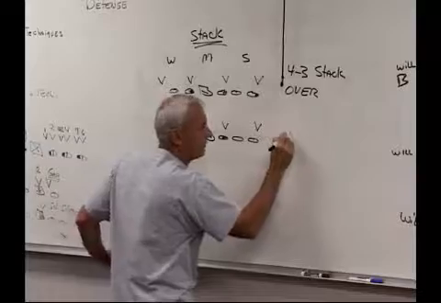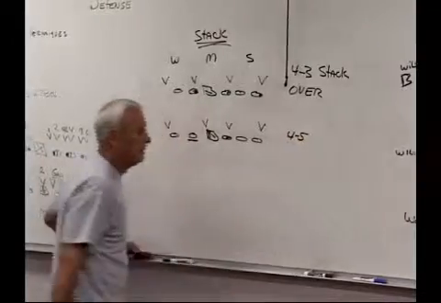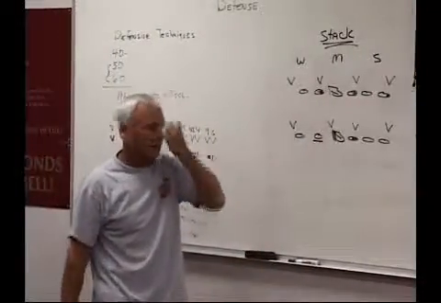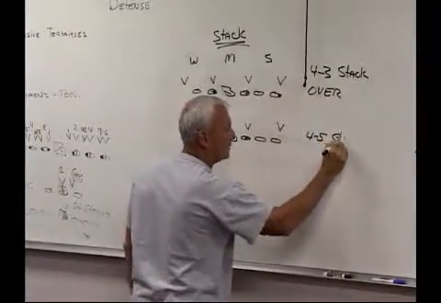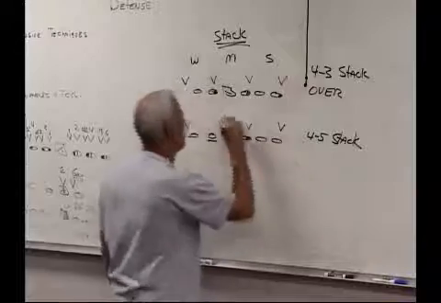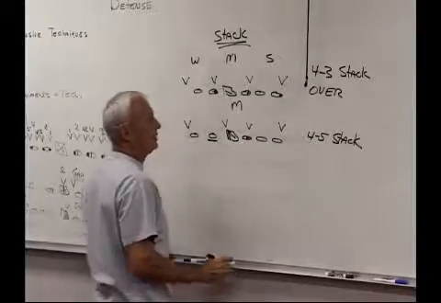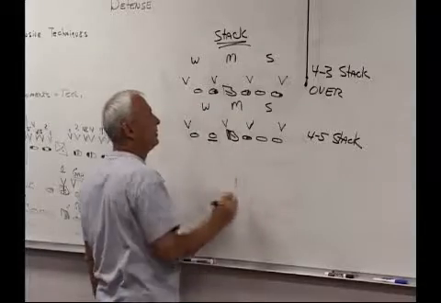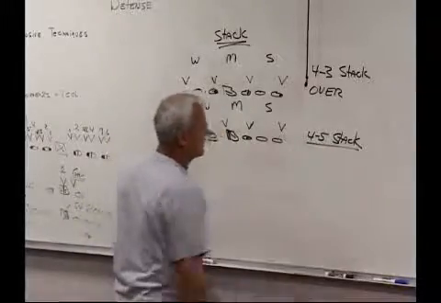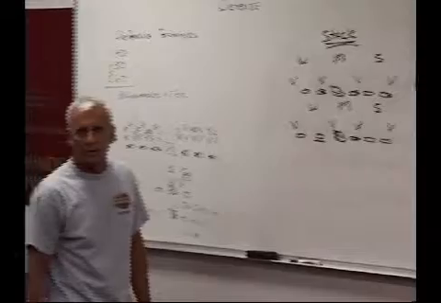So really, I've got a 45 something. Well, I heard the word stack. When I hear stack, I know they got a middle linebacker. So there's the Sam and there's the Will. I've got a 45 stack.